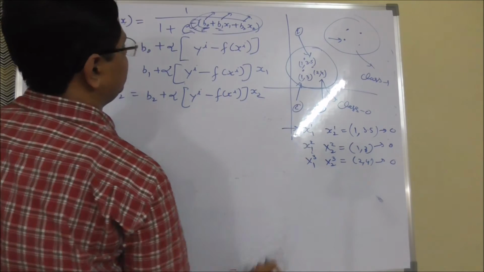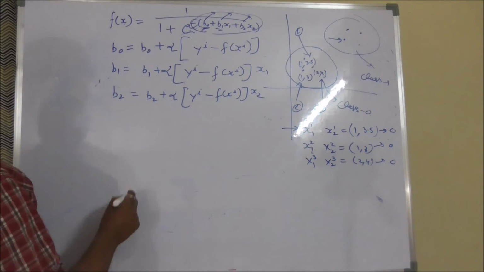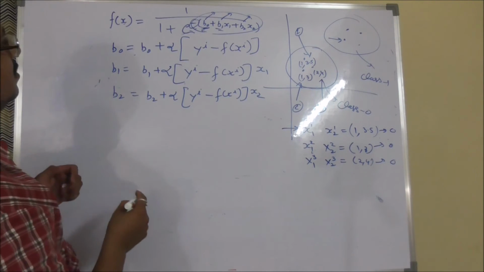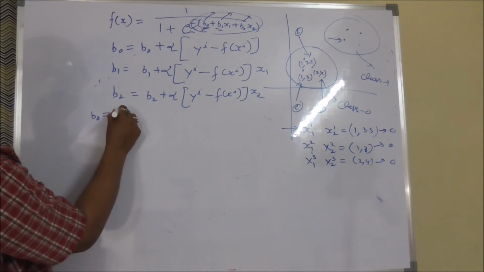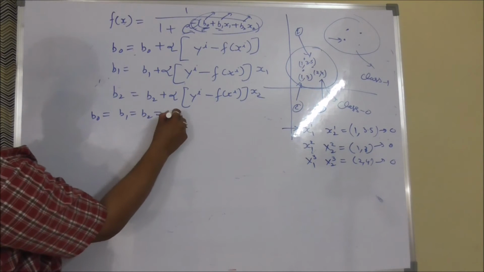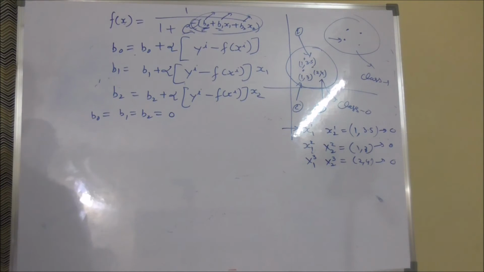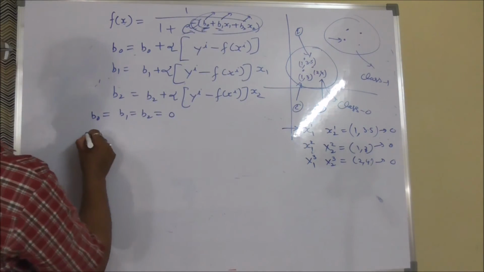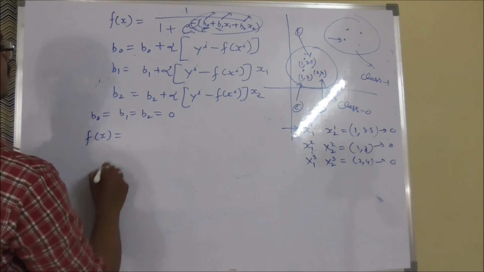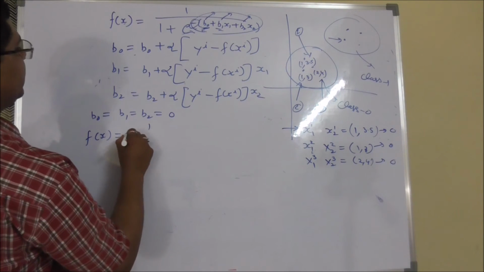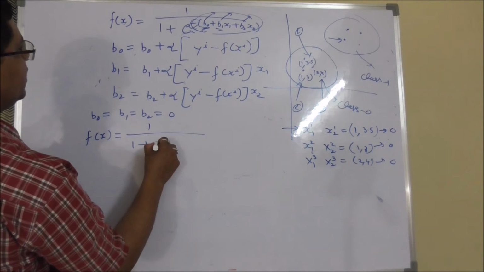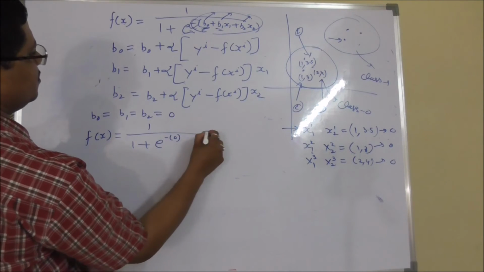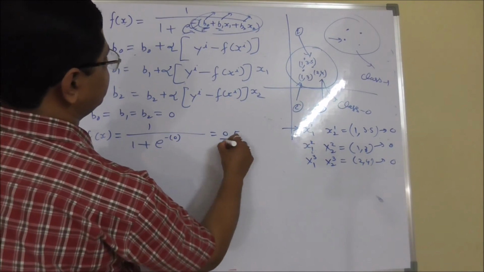We take this first. At the initial stage we consider that b0 equals b1 equals b2 equals 0. If all the values are 0, then the value of f(x) will be equal to 1 divided by 1 plus e to the power 0, which is equal to 0.5.